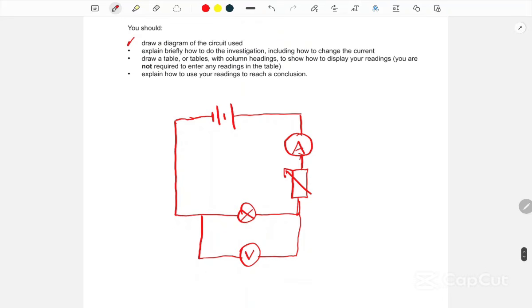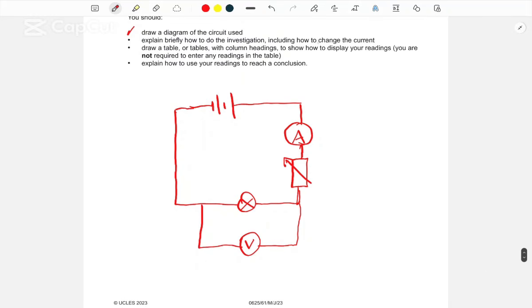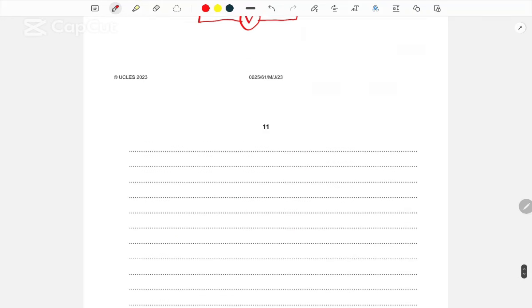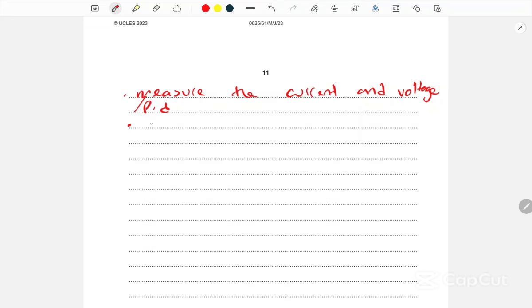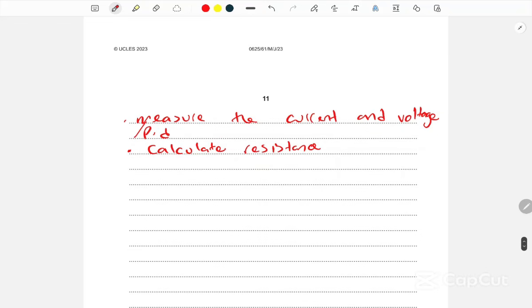The second one, explain briefly how to do the investigation, including how to change the current. So the first one is we measure the current and the voltage, or the potential difference. And secondly, we have to calculate resistance. They've already given us the formula, which is R equals V over I, using this formula.